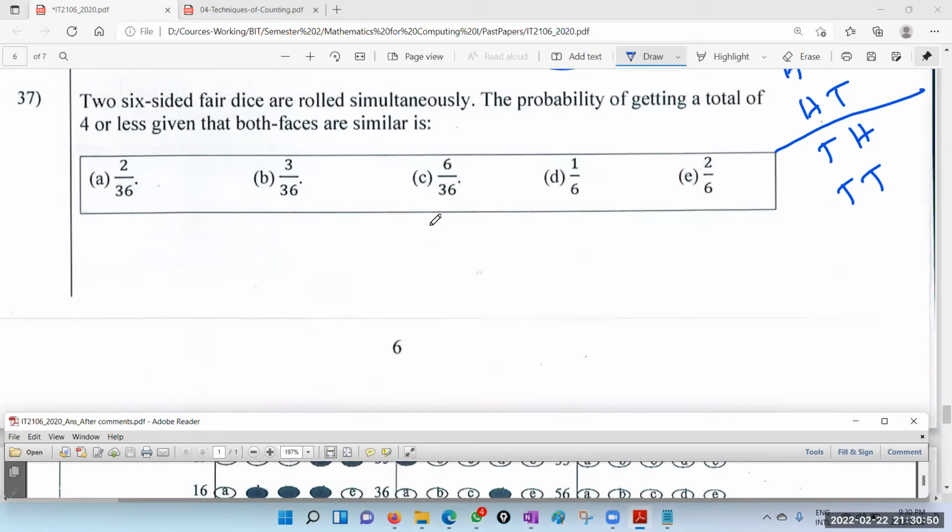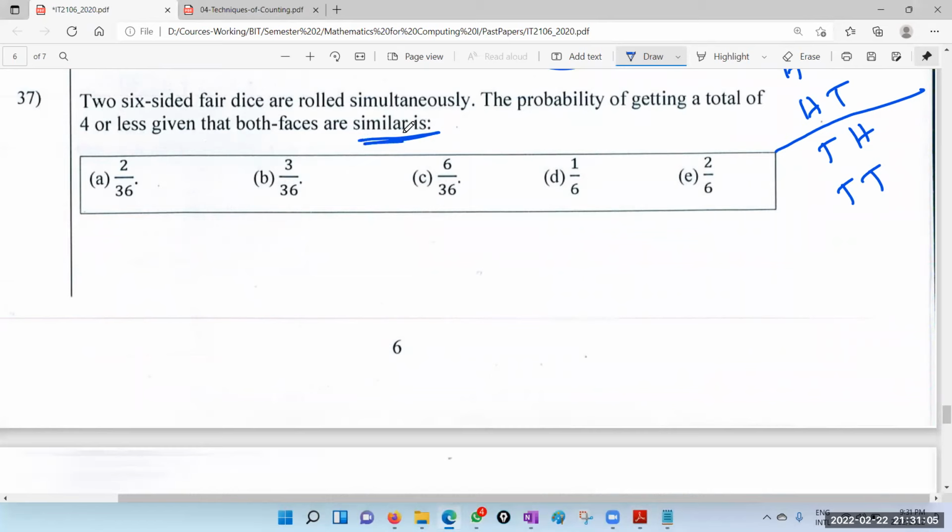Right, 37. Two 6-sided fair dice are rolled simultaneously. That must be an easy question. The probability of getting a total of 4 or less, given that both faces are similar. So we have 6-sided fair dice, two of them.